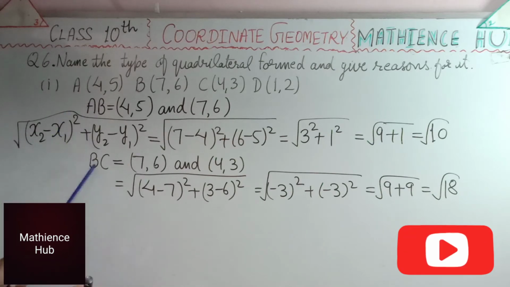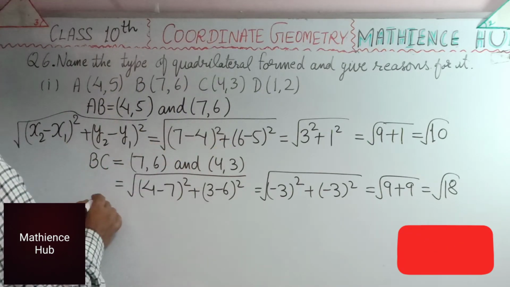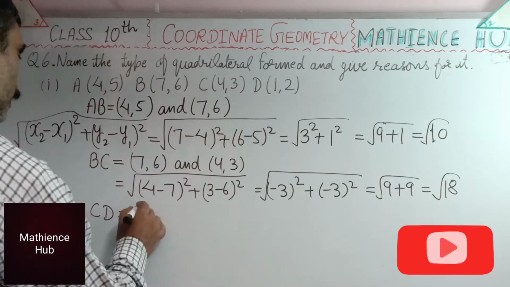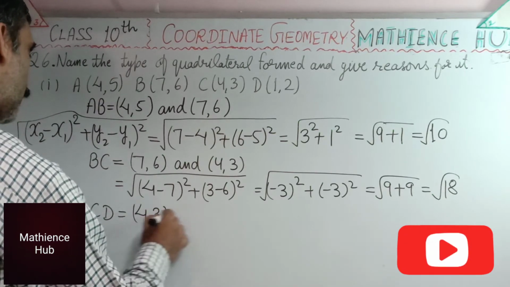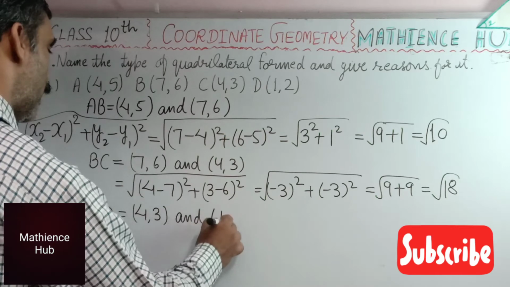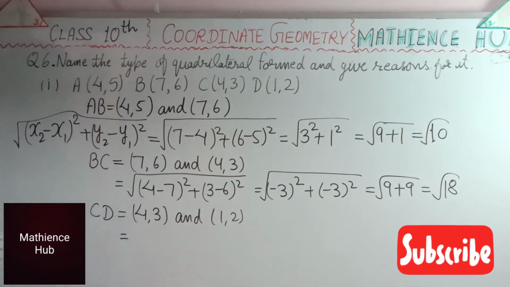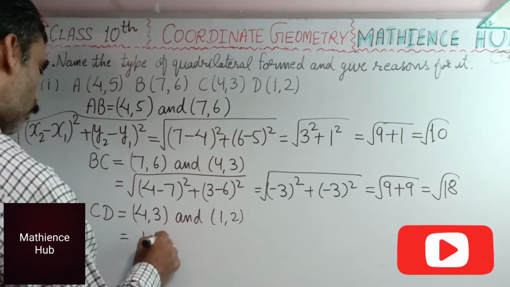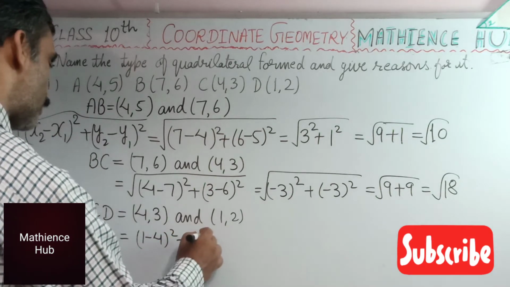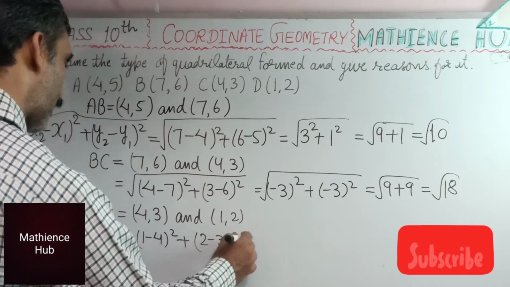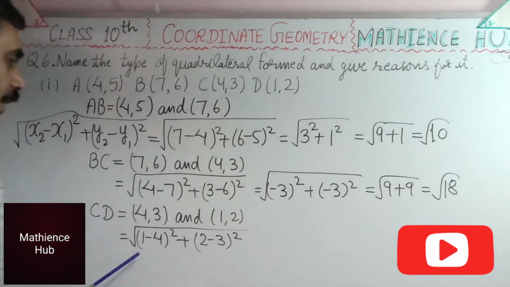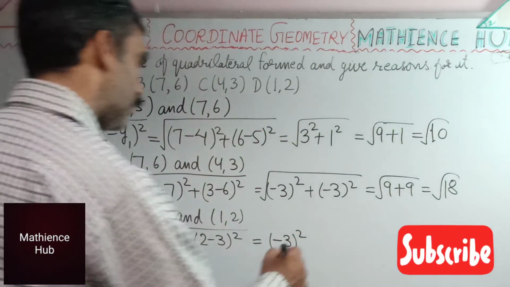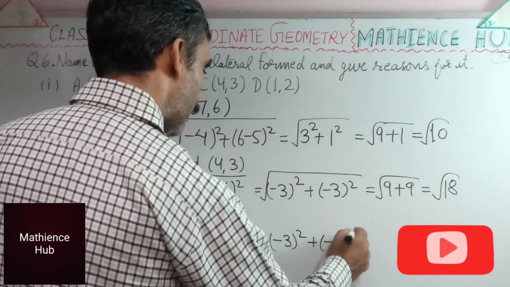Next, CD. CD is (4, 3) and (1, 2). Using the distance formula, x2 minus x1, (1 minus 4) square plus (2 minus 3) square. 1 minus 4 we get minus 3, and 2 minus 3 we get minus 1.